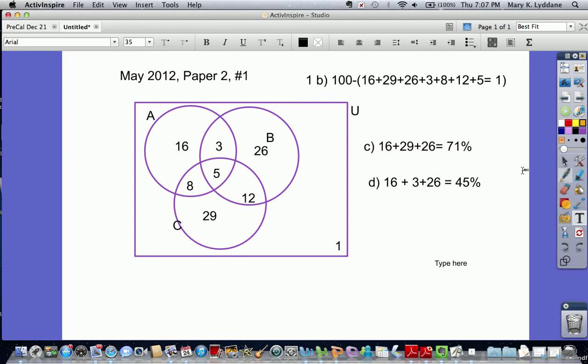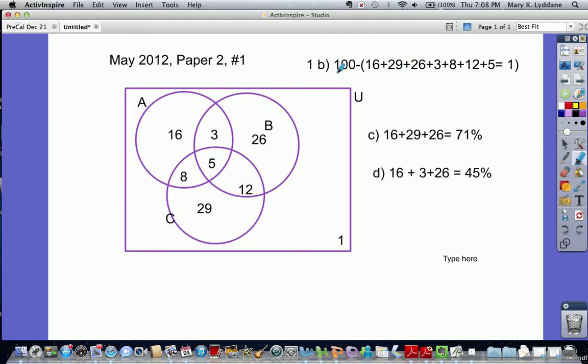So you'll see in part 1B, so A is just representing the information in the diagram, and in part B we're supposed to figure out the percent of the population that doesn't read a newspaper at all. So what I've done, you can see, is take 100% and then we subtract from that all of the other values added together. And I should not have that.